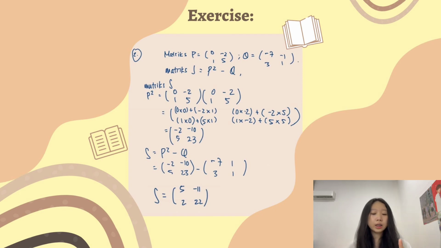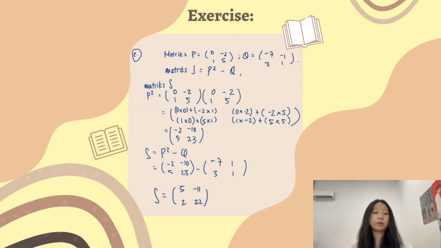And for the last part, we have to solve the matrix of S, which is P power of 2 minus Q. So it remains -2, -10, 5, and 23, minus -7, 1, 3, and 1.